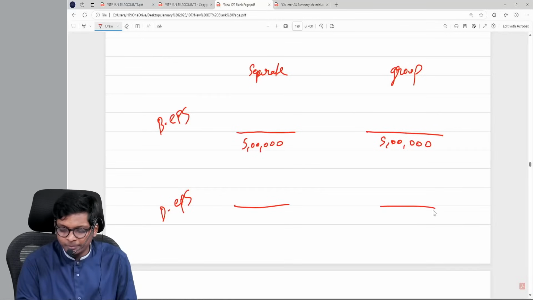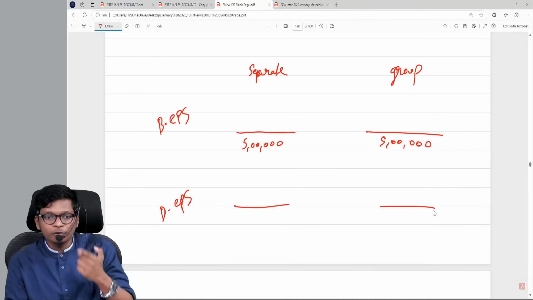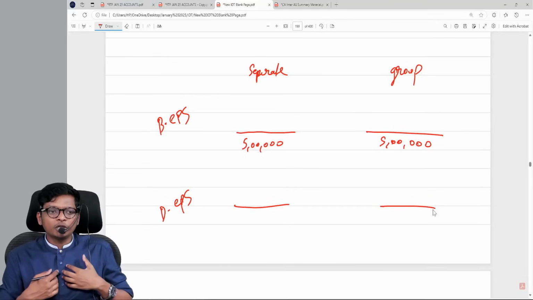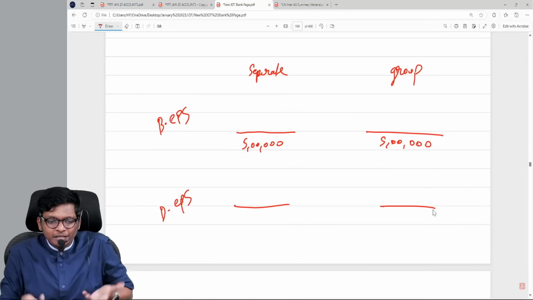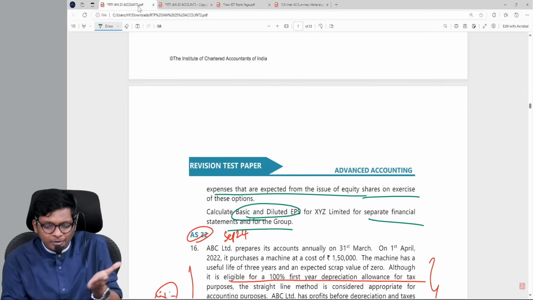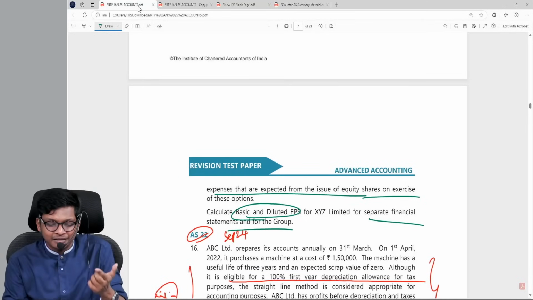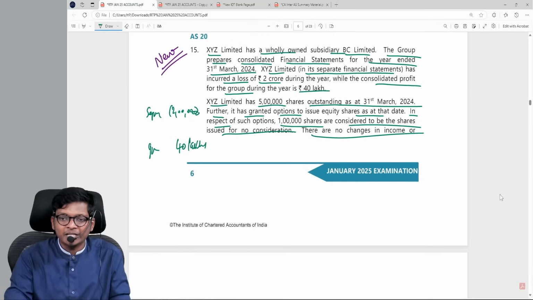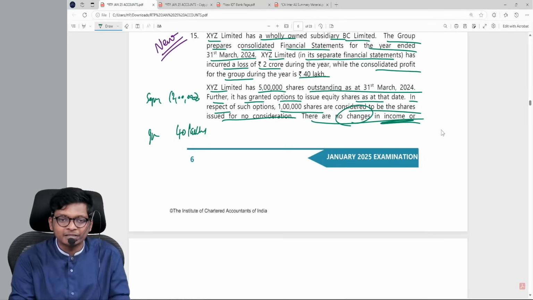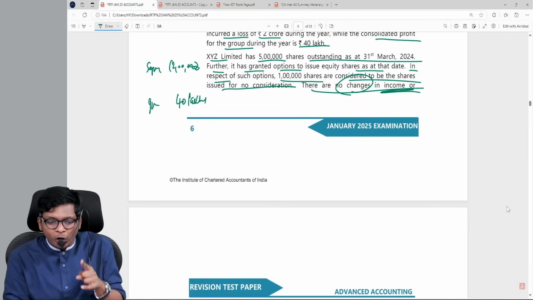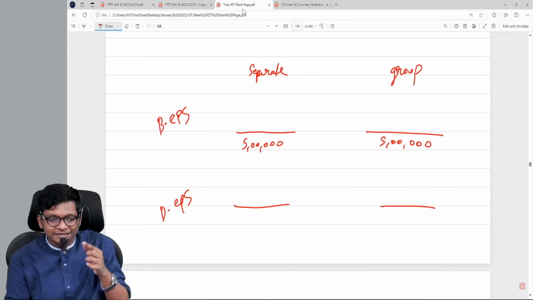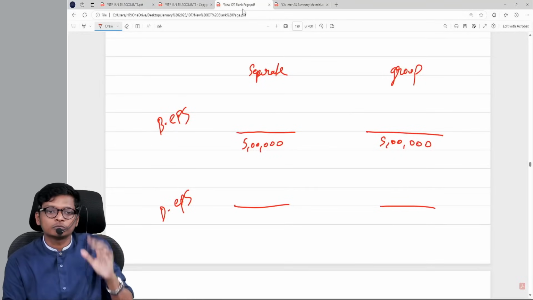For diluted EPS, I will take the full 1 lakh, because the logic of options is that because of options only the denominator will increase and the numerator will not increase. That's why we take options as they are, and that's why he gave a clarification also: no change in income. If because of options income is going to increase, then you have to change the numerator also.